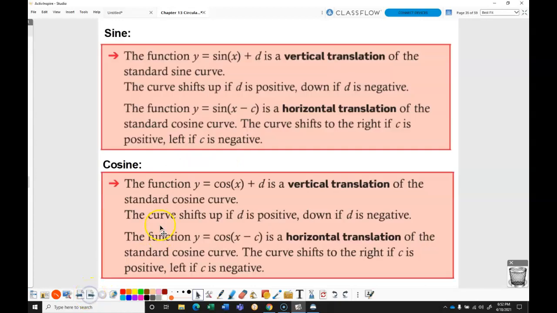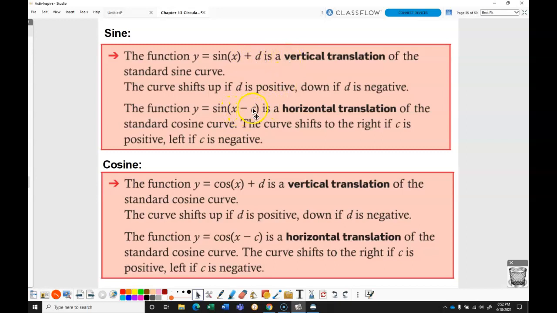Okay, so first things first, whenever we have, and this works for cosine also, okay? So I know it's listed twice, but it's the same thing. If you are taking the function sine or cosine, and on the outside of it, you're adding a value or subtracting a value, this is going to be your vertical translation.